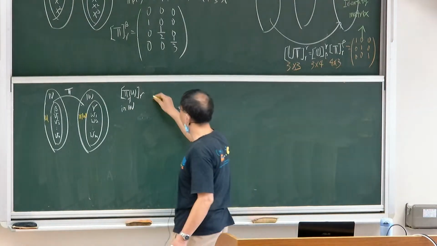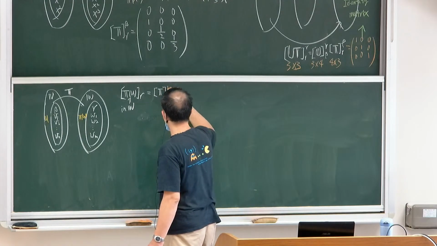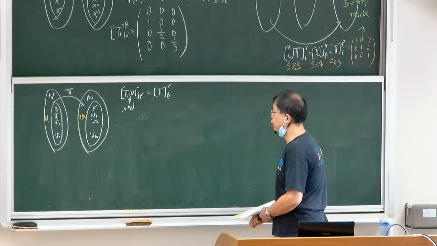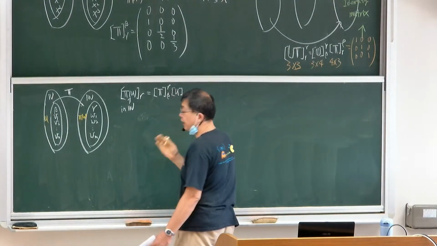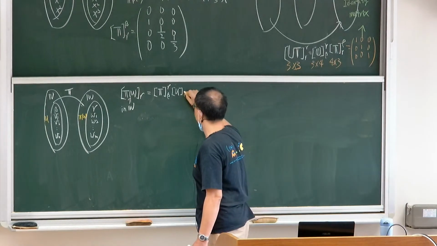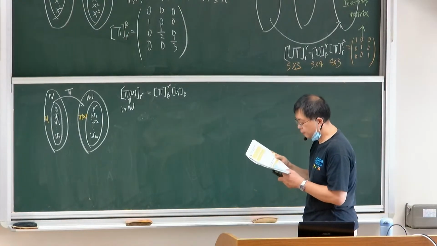We want to prove that it becomes the matrix of T from beta to gamma, which is the matrix representation of the linear transformation, times U, the coordinate vector with respect to beta. So we want to prove it.